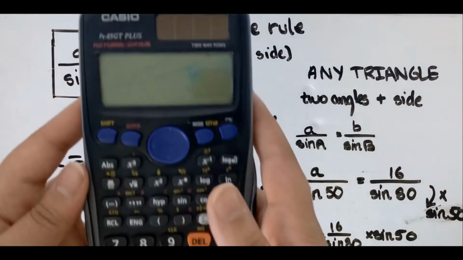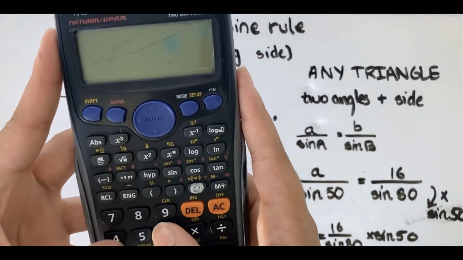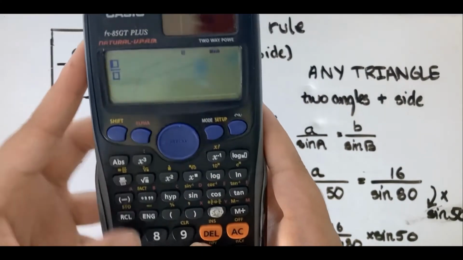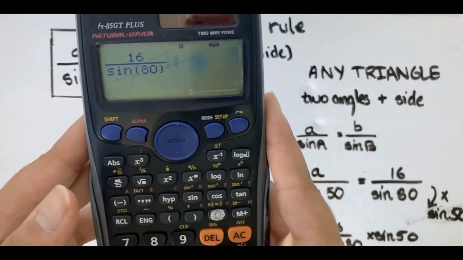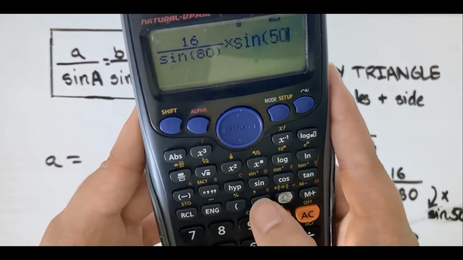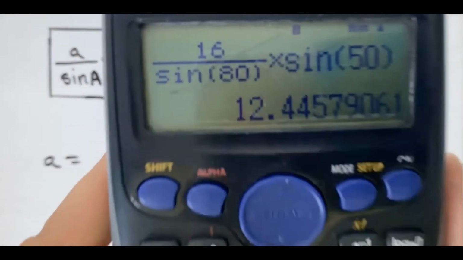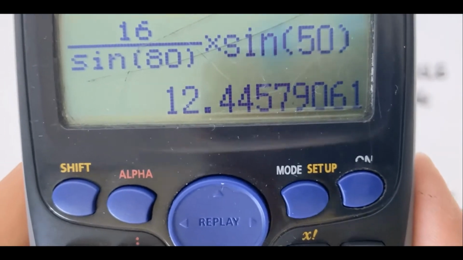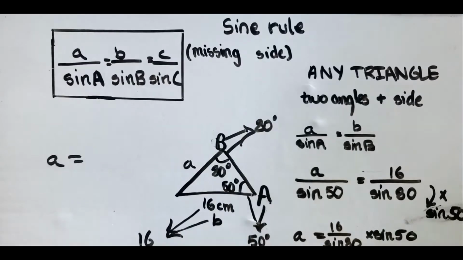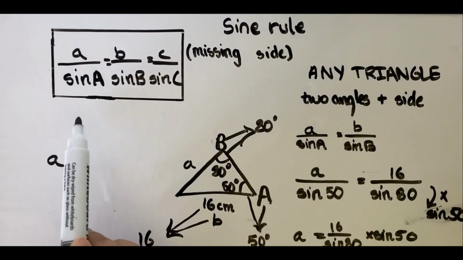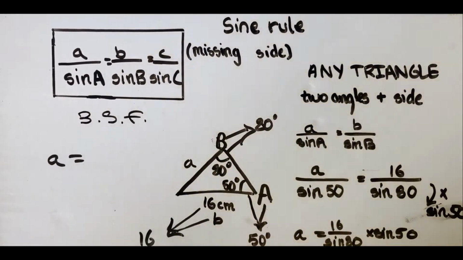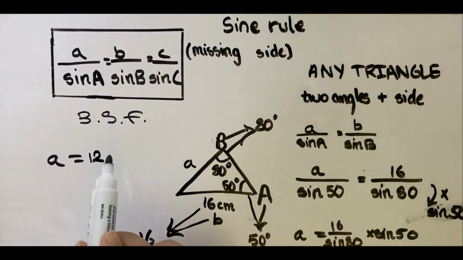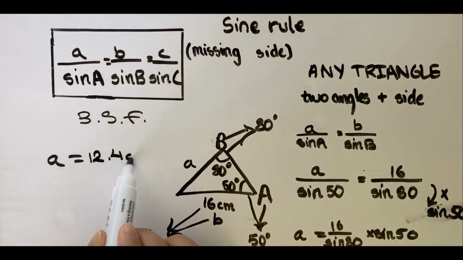So, let's plug that into our calculator. We've got 16 over sine 80 multiplied by sine 50. As you can see, that gives us 12.4457961. Now we're going to give our answer to three significant figures. So, therefore, our answer will be 12.4 centimeters.